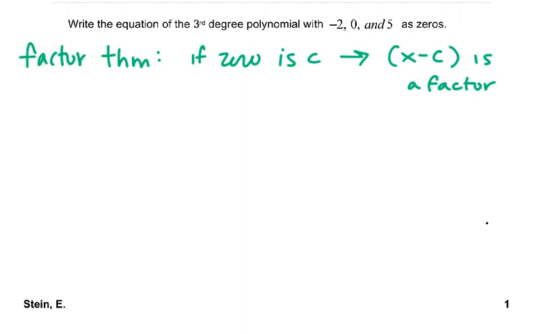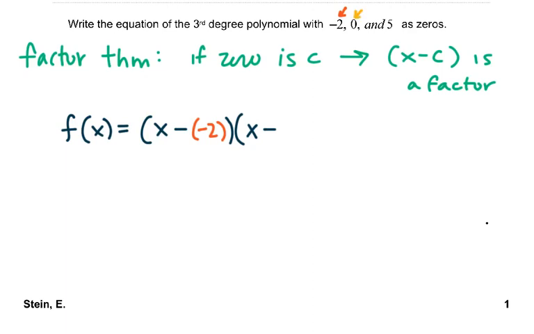So if I have 3 zeros, I can write 3 factors. So I've got f of x equals x minus, my first zero I have listed here is -2. So x minus -2. And then I would say x minus my next zero is 0, x minus 0, and x minus the last zero I have listed is 5.